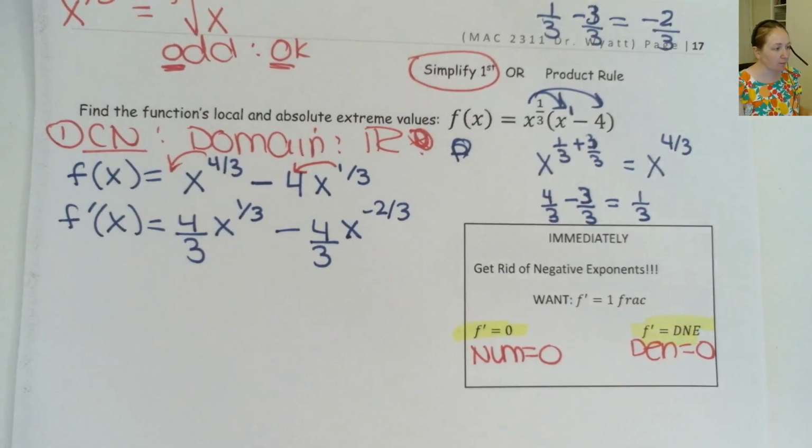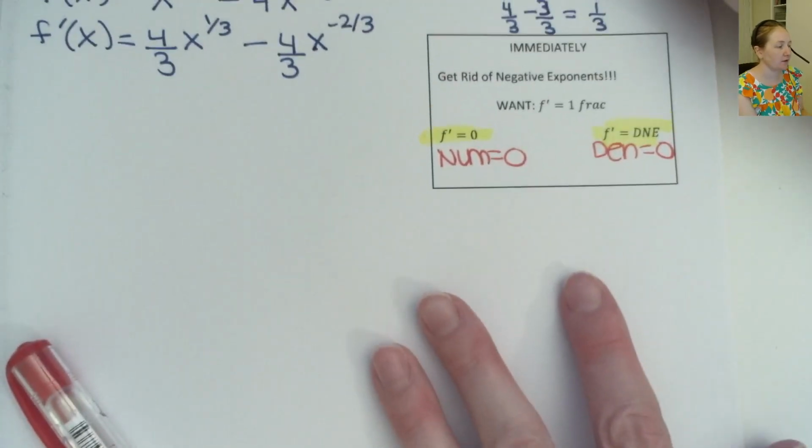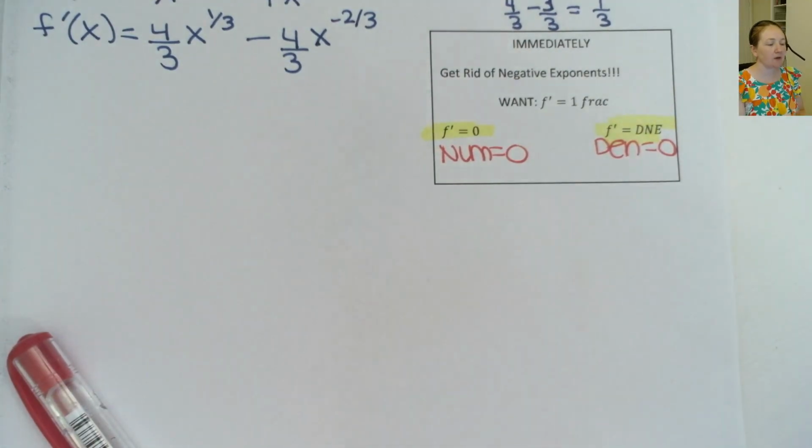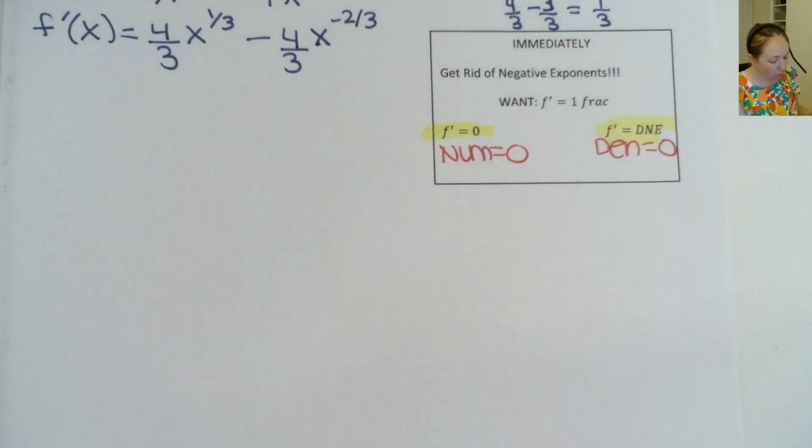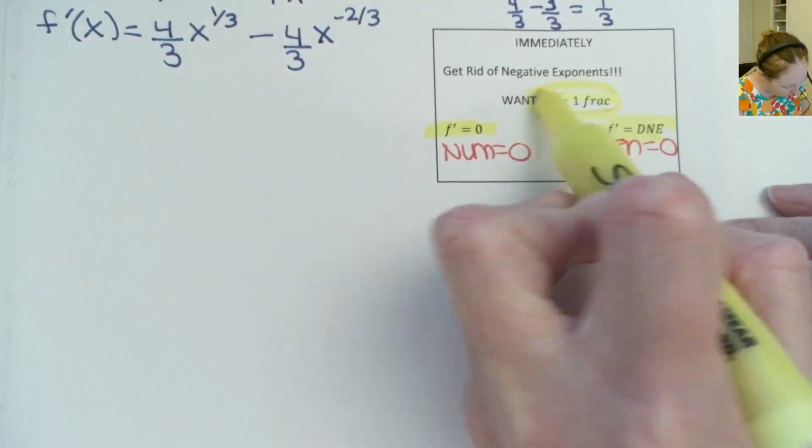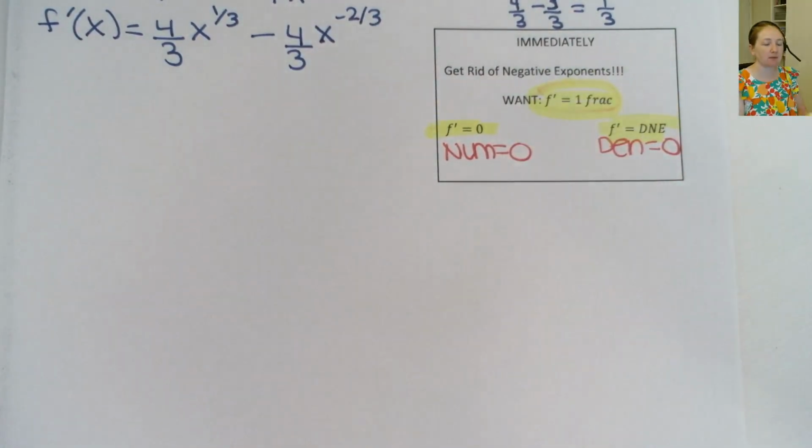Now, we have a little bit of a problem here. When you look at your derivative, you don't have a numerator and a denominator. You have two separate fractions. So what you want to do when this happens, and it will happen at some points, is get one single fraction because you want to just be able to say, here's my numerator, here's my denominator.